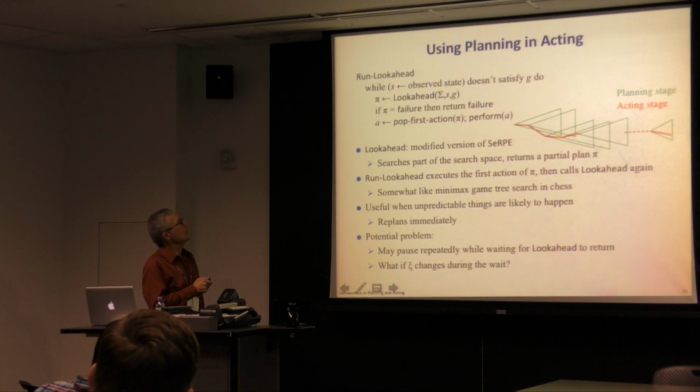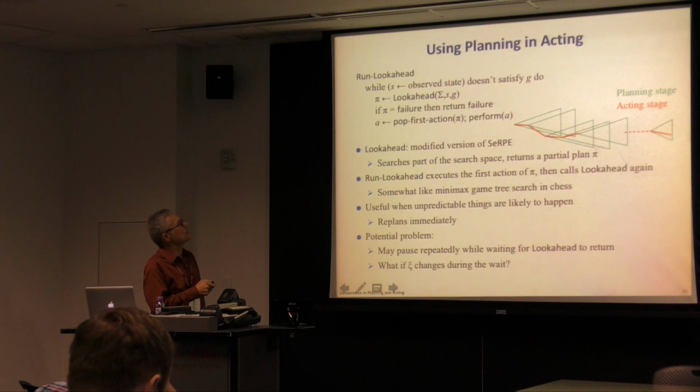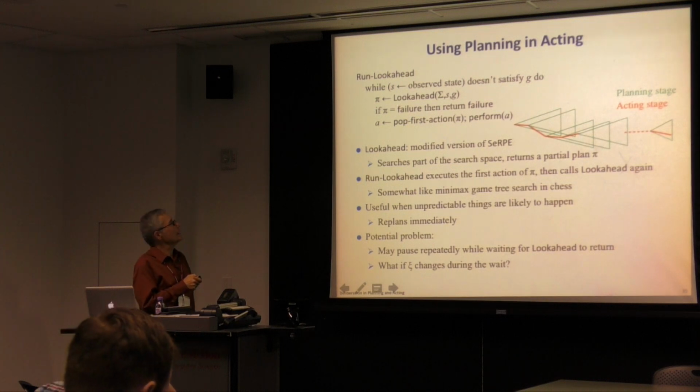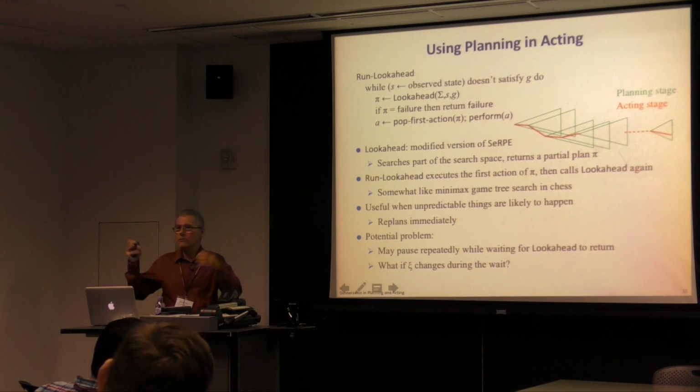What it does is it looks at the observed state. As long as that observed state doesn't satisfy whatever goal it's trying to achieve, it calls a lookahead algorithm, which is basically a planner, and that returns a plan, pi. All right? Well, if what it actually returned was failure rather than a plan, then we've failed.